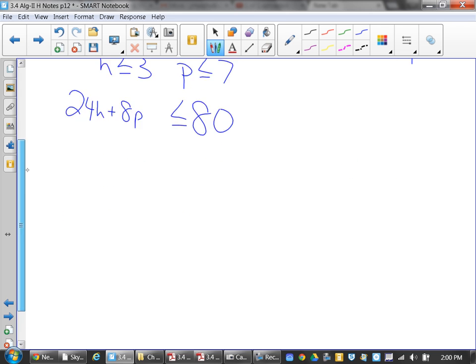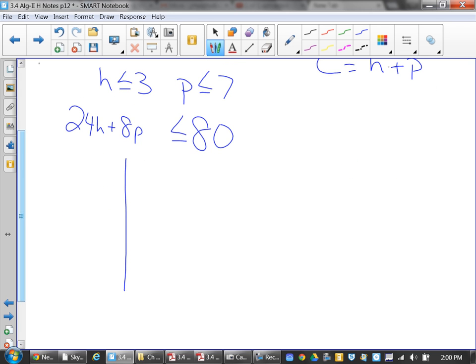Set up as a first quadrant problem: hardcover, paperback. I'm putting them in alphabetical order like that because it helps to keep things together. I know that my H value, when I solve for 0 for this, I get 3 1/3. My P value would be at 10.